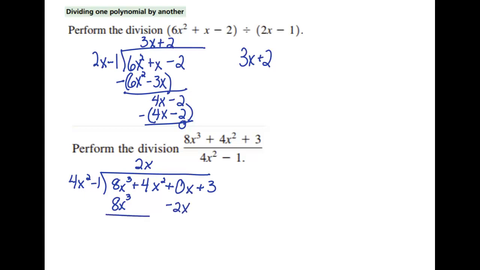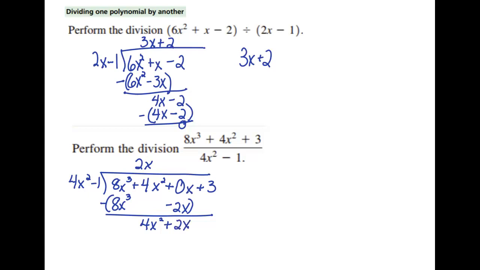And then draw my line and subtract everything. Put parentheses around this so I don't forget I'm subtracting everything. This cancels out. I'm going to bring down the 4x squared. And then 0 minus a negative 2 is going to be plus 2x.